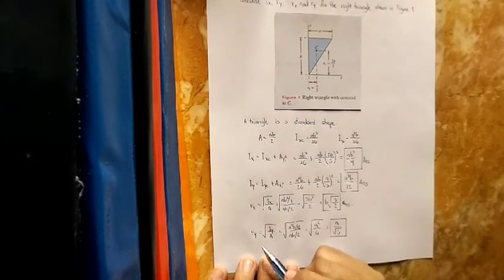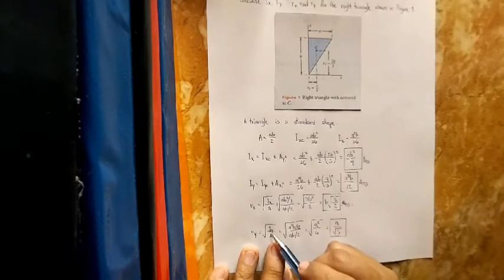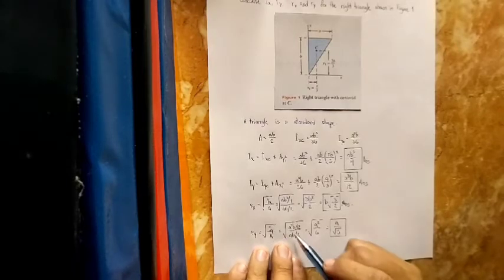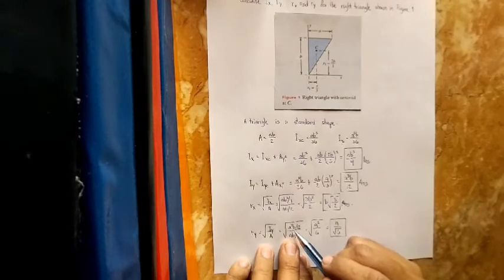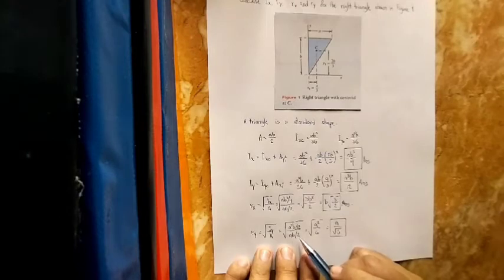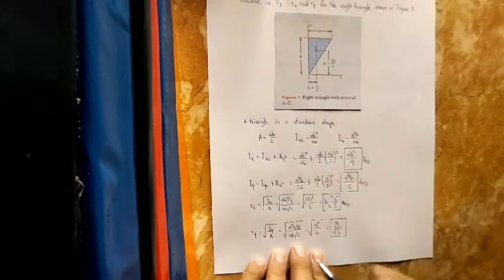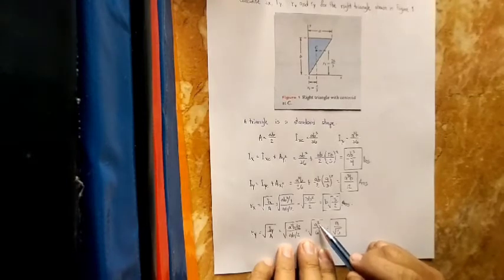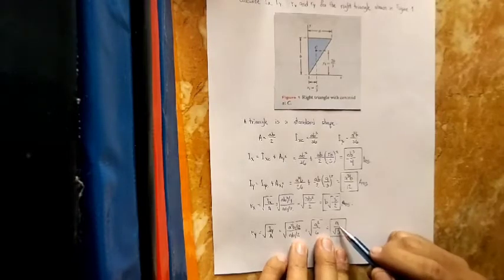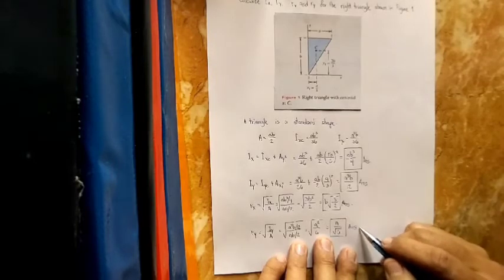Then, computin naman natin yung radii of gyration about the y-axis, which is equals to the square root of moment of inertia of y-axis over the area, equals to square root of A raised to 3 times B over 12 over the A times B raised to 2, the area of a triangle, equals to the square root of A raised to 2 over 6 equals to A over square root of 6. This is our radii of gyration about the y-axis.